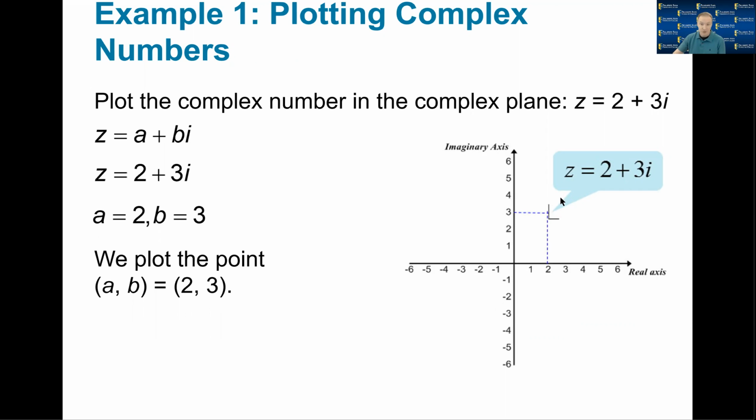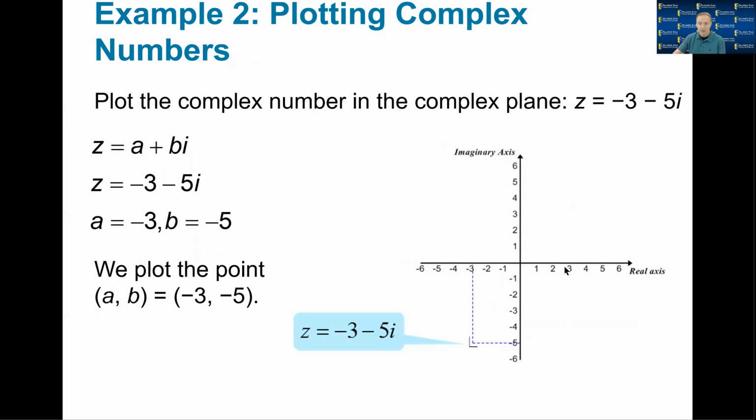You would need to label your real axis and your imaginary axis here. For the next example, I'm asking you to plot the complex number -3 minus 5i. So you see on the real axis, I went over to -3. On the imaginary axis, I went down to -5.